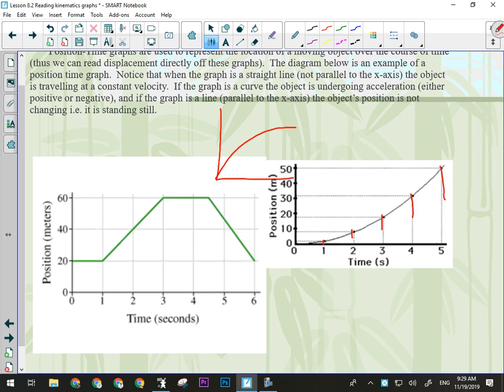Okay? Still in a positive, it's still moving in a positive direction, but it's accelerating backwards. Yeah, I'm seeing some of those looks like, wait, no, you can't go forward and accelerate backwards. Yeah, you can. That's how you slow down. Okay? You can totally accelerate in an opposite direction to what you're moving.